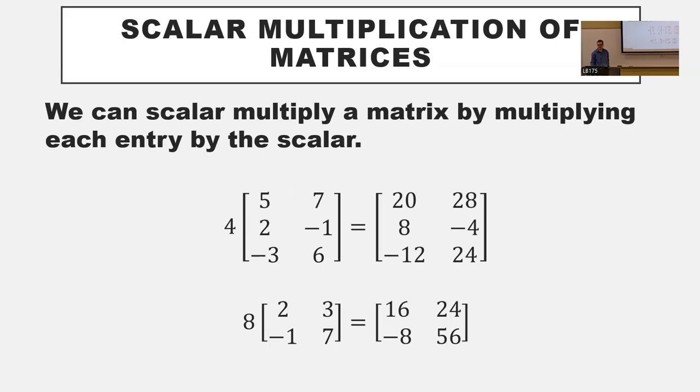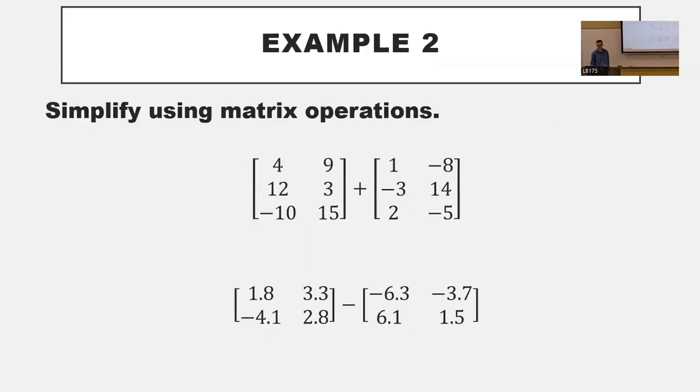So scalar multiplication, matrix addition, and matrix subtraction are fairly intuitive processes. Hopefully that's how you would think you should add, subtract, and multiply a scalar times a matrix. I want you to try a couple of examples on your own. I'll write these on the board.